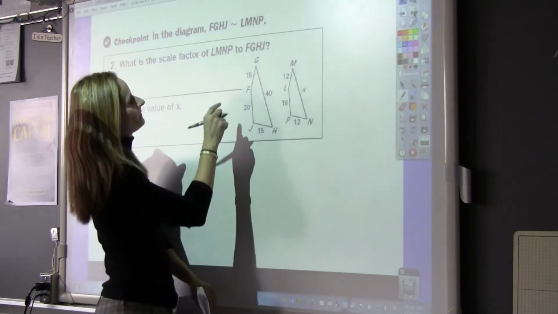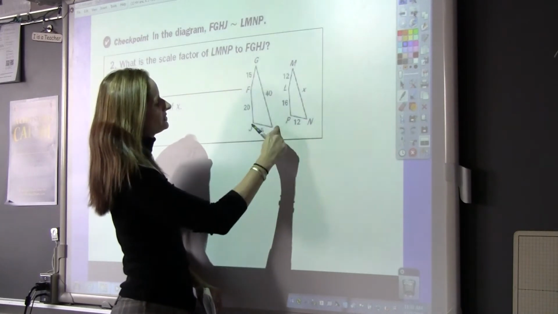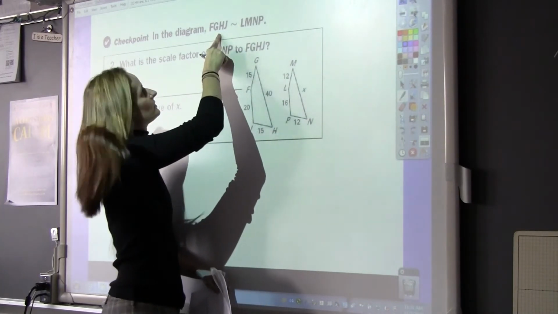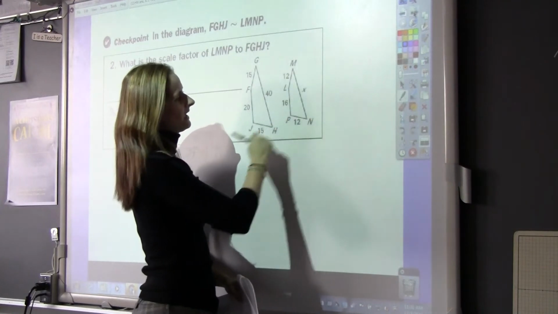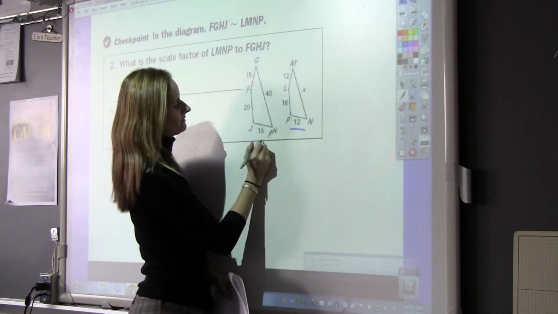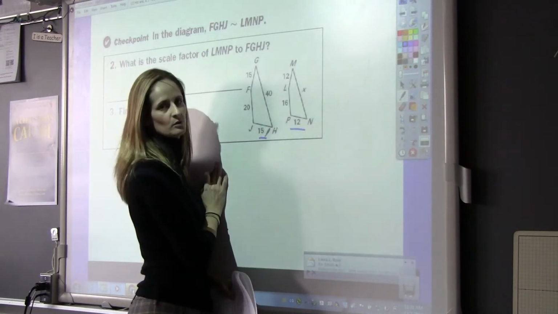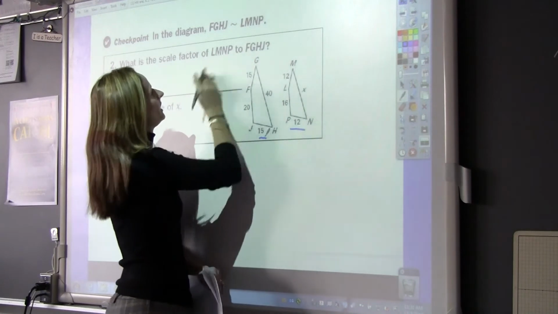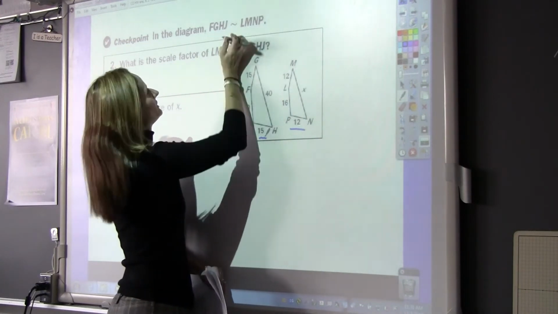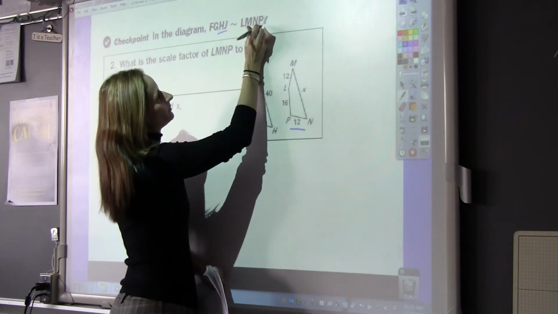Looking at how they named the two figures, I haven't rotated a figure, so that's good. I'm going to use that 15 and that 12 because those two sides correspond to each other.